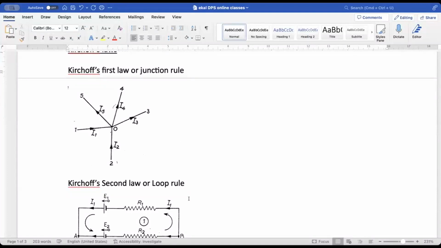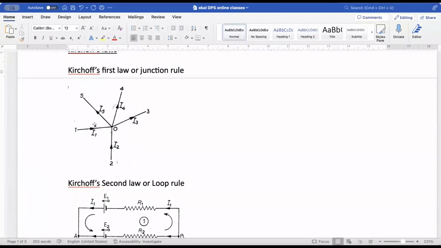It says that in any electric circuit, the algebraic sum of the currents meeting at a junction in the circuit is 0. That means sum of all the currents is 0 at the junction. Like here, O is the junction, and we have 5 values of the current given. Say I1 is coming inside, I2 is coming inside, I3, I4, and I5 are shown going out.